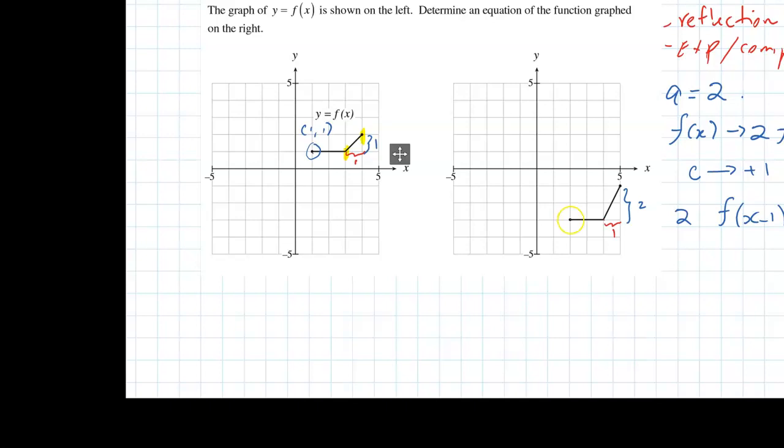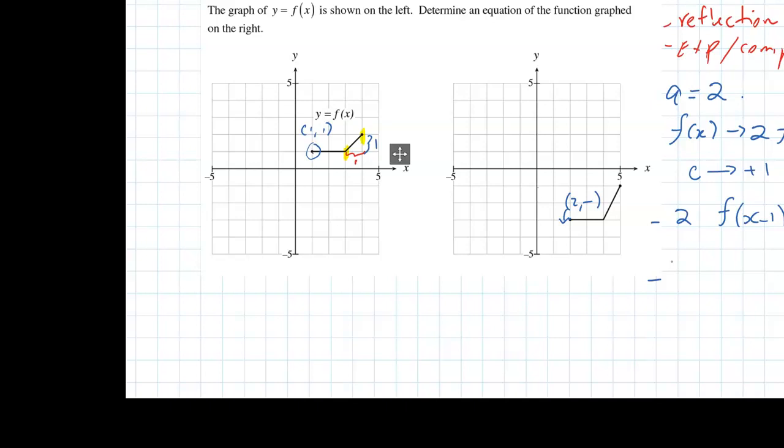Notice that this value right there is 2. We are interested in the x coordinate right now. The next part is the vertical shift.